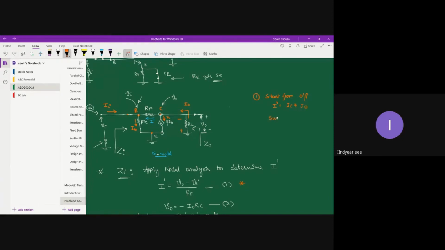Then substitute what I naught is equal to, what IC is equal to, etc. Then go to the input and write the expression for IB. So IB is equal to Ii plus I dash, where you substitute I dash from the output side. The third step is to take out the ratio Vi by Ii. So this is the algorithm, basically.